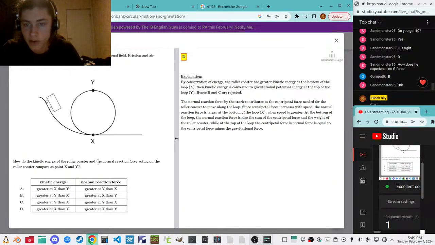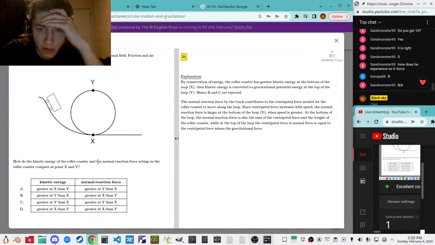Since centripetal force increases with speed, the normal reaction force is larger at the bottom of the loop when the speed is greater.